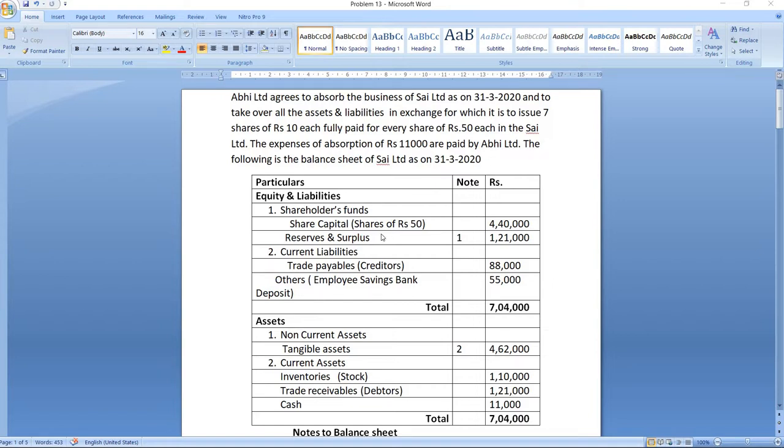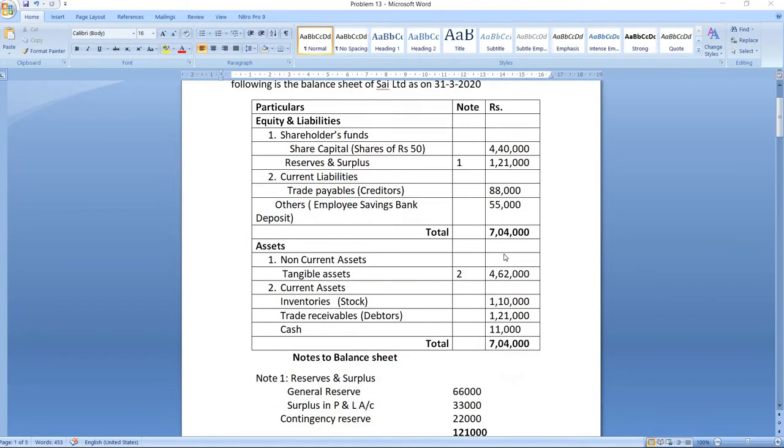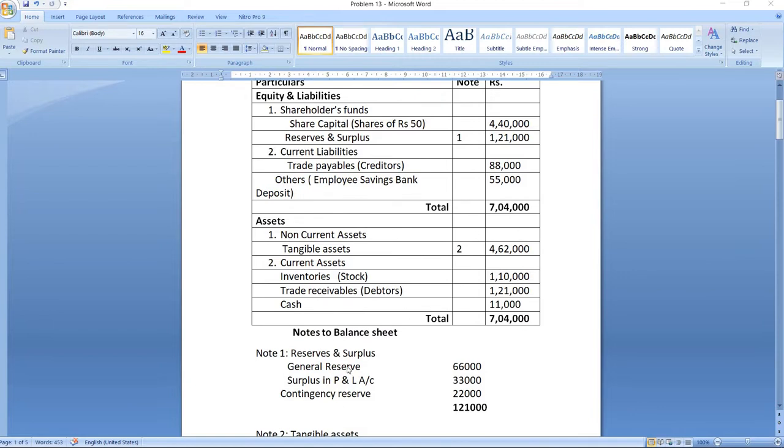Now let us look at the balance sheet. Share capital, shares of rupees 50, share capital is 4,40,000. Then reserves and surplus, general reserve 66,000, surplus in profit and loss account 33,000, contingency reserve 22,000.